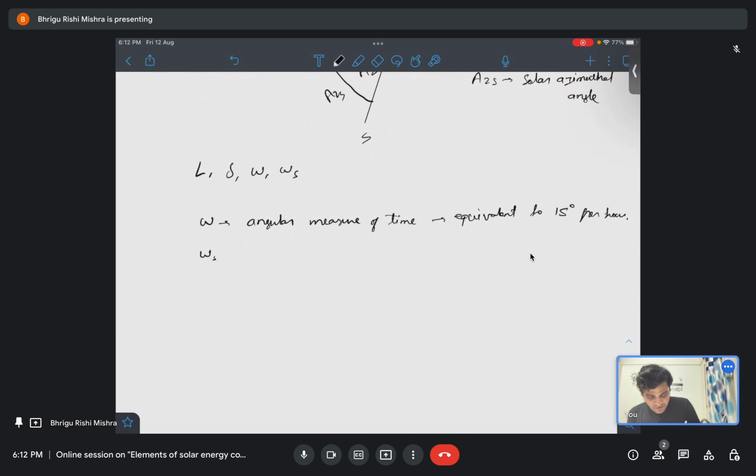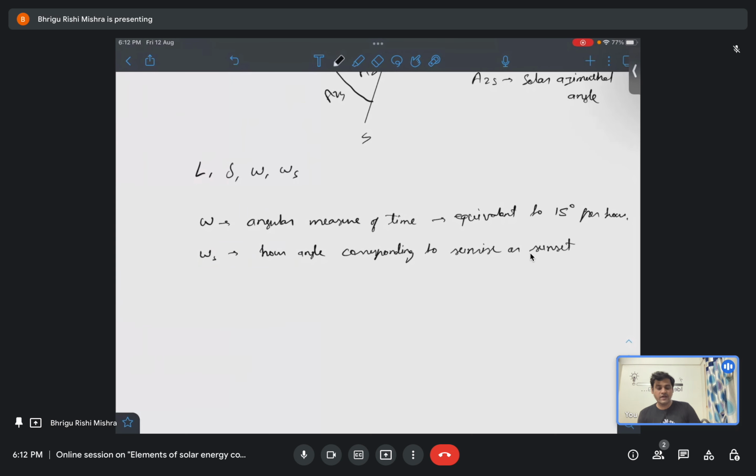This omega s is the hour angle corresponding to sunrise or sunset.